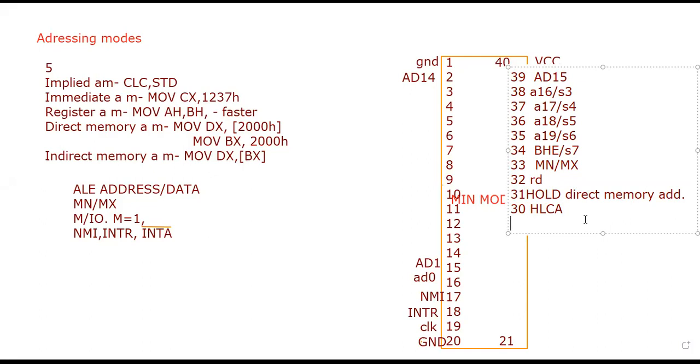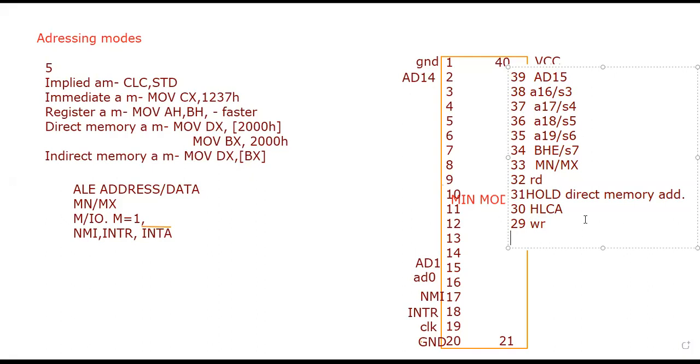And after hold and this, we have write. So now we are going to read, so it is RD. First is write, WR, sorry, RD at 32, and then 29 is write, WR.